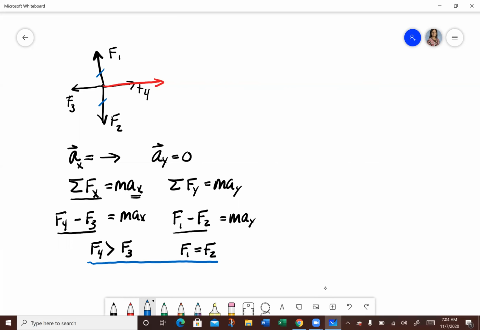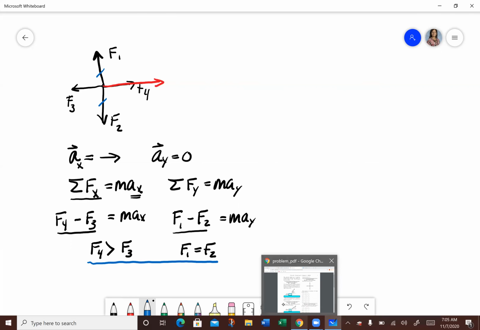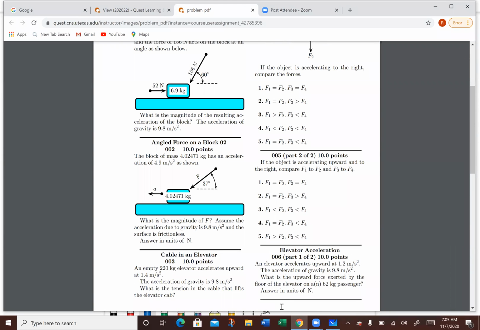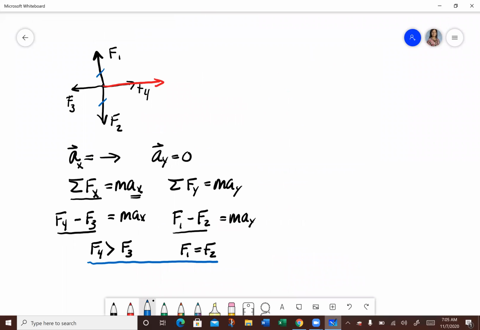My second question on that asks, what would happen if the object is accelerating upward and to the right at the same time? If I have an upward acceleration and a rightward acceleration, that simply means we again have an a_x. Let me just be consistent here in my colors. We'll redraw our forces.